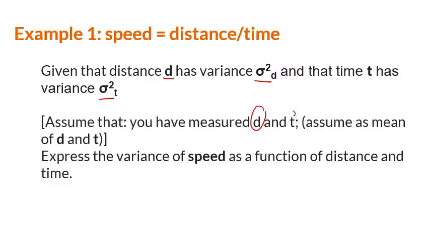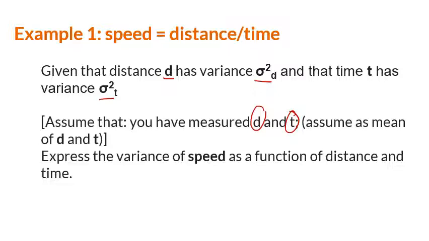So na-measure nyo na yung d and t. Usually, itong variance na ito is associated to the uncertainty of your measuring material. And then, yung measured d and t, siya yung parang expectation value. So, ito yung na-measure mo, yung d at saka yung t. Pero meron kang uncertainty which is associated with your variance.